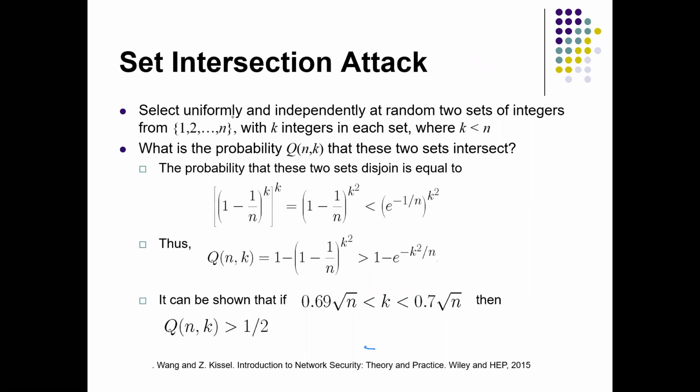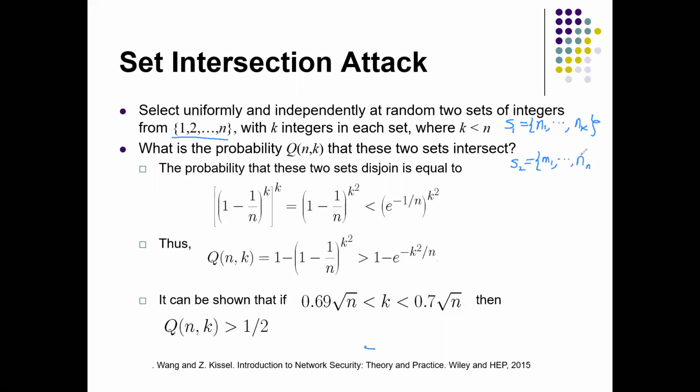Suppose we are given a set of n numbers, just from 1 to n, and then we select uniformly and independently at random k integers from the first set. So we get, let's say, n1 up to nk. We select k integers, and then for the second set, we do the same.